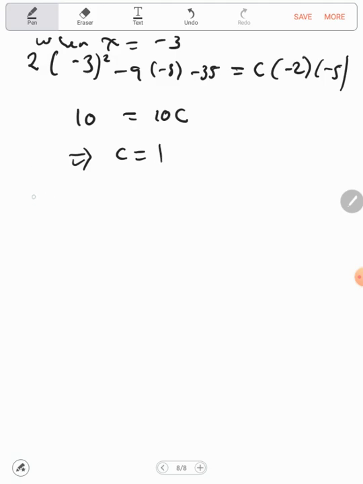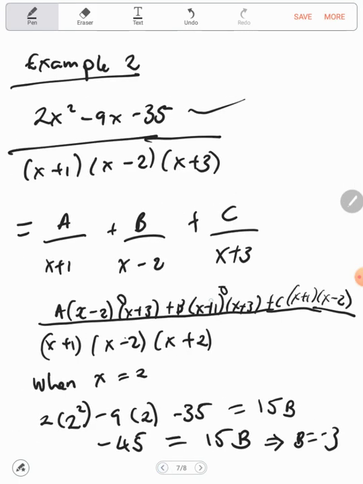Okay, so the last case is when x is equal to what? When x is equal to minus 1. Okay, so when x is equal to minus 1, here the b will be 0, and here you have a 0, so only the a will remain.